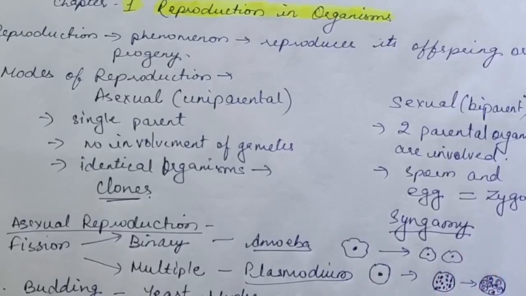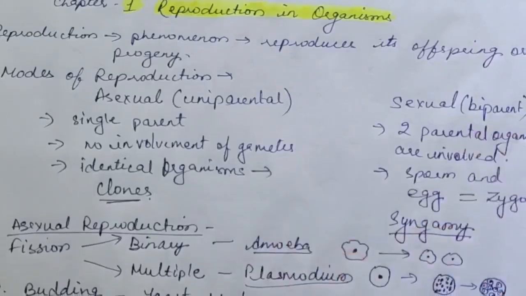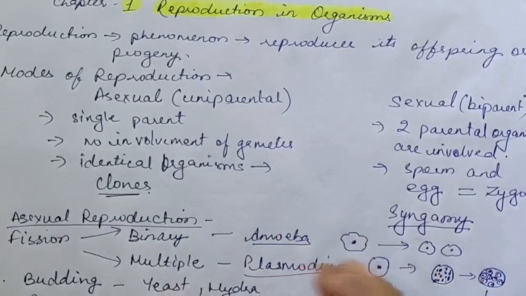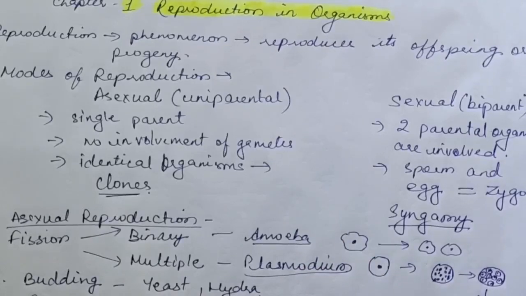And once the cytokinesis is complete inside that parental organism, the cell bursts open and forms many small Plasmodium spores. Clear?